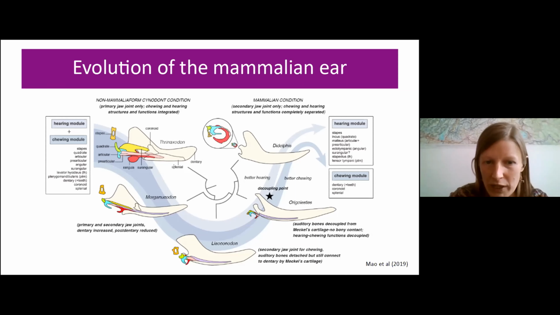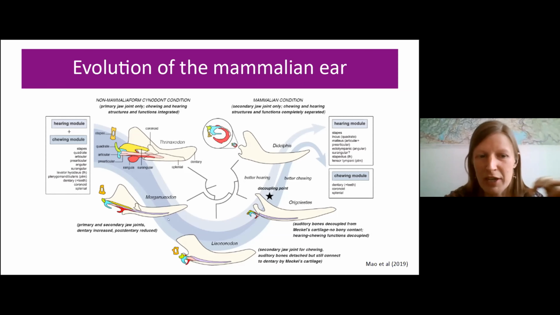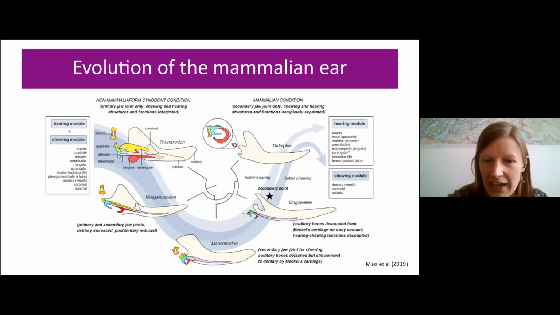And when you look at more recent species, for example, Morganucodon, Haldanodon, then you see that you have some changes in the shape of these jaw bones that become smaller and smaller. And then at some point, there is a decoupling. And so at the end, you see that in species like the opossum, which is a mammal, you have a complete decoupling between the middle ear ossicles and the jaw.